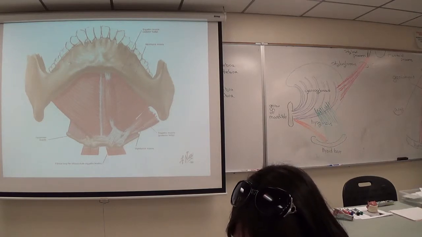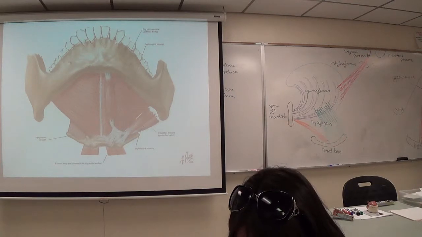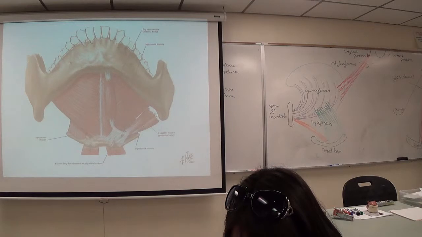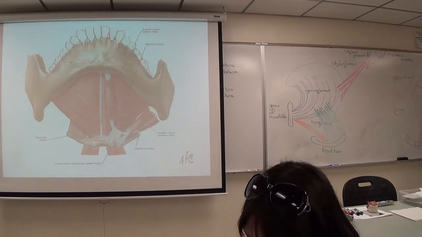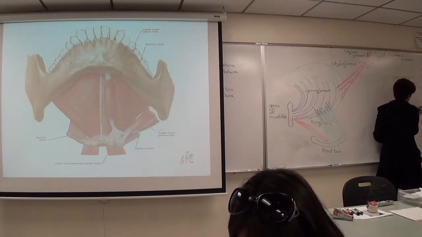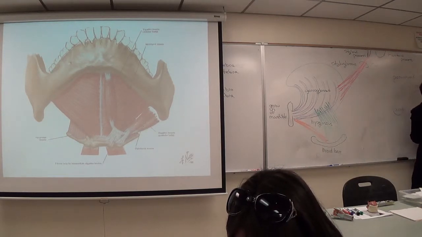And its fibers are oriented in this direction. Almost looks like a wide feather. So it is covering up the geniohyoid. So it would be skin, and then I'd see mylohyoid, and then I'd have to remove the mylohyoid to see the geniohyoid behind it. So all of this is mylohyoid.